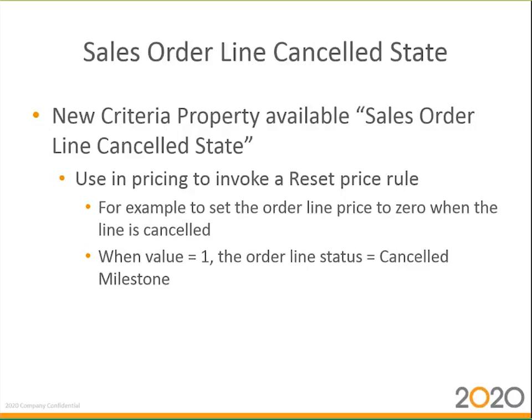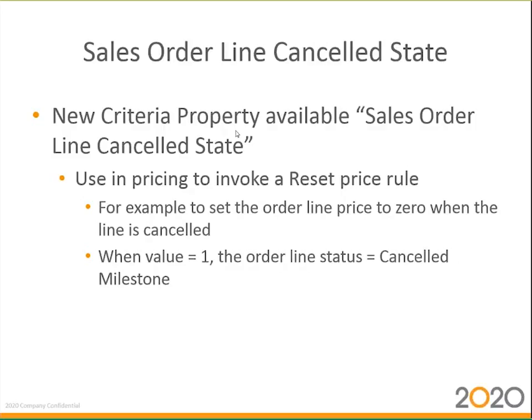So the typical example is in an order line workflow, if I cancel a sales order line, I run an action to, for example, run the sales order validation and reprice the order. Then I can reference this criteria property, for example, within a price rule that is a reset price rule that gets invoked when I run pricing.